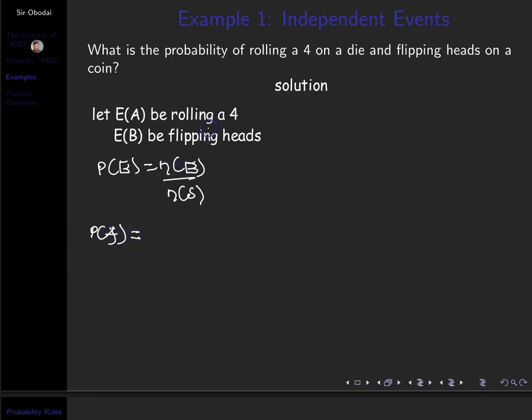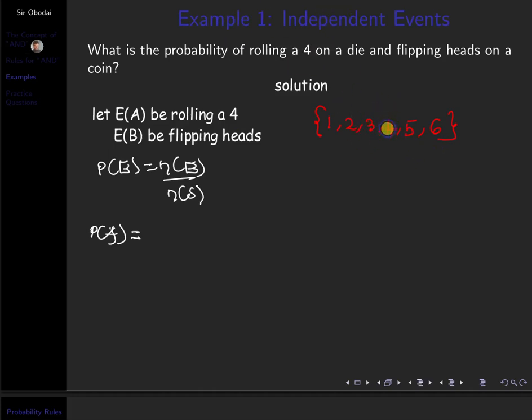The sample space of a die is 1, 2, 3, 4, 5 and 6, and the event of focus is the 4.